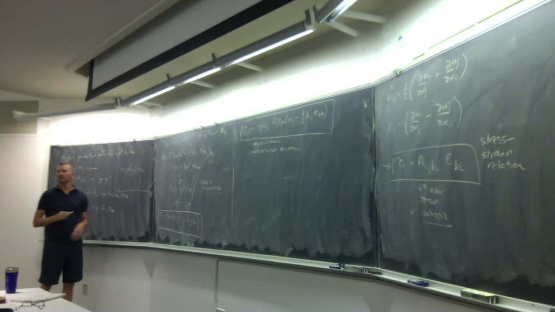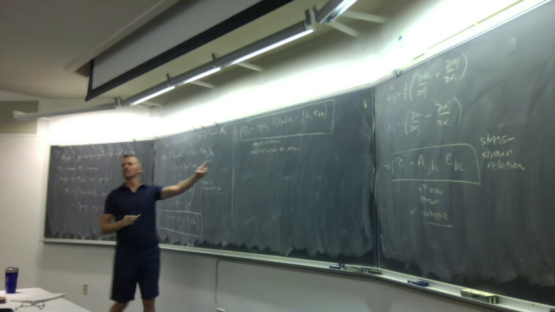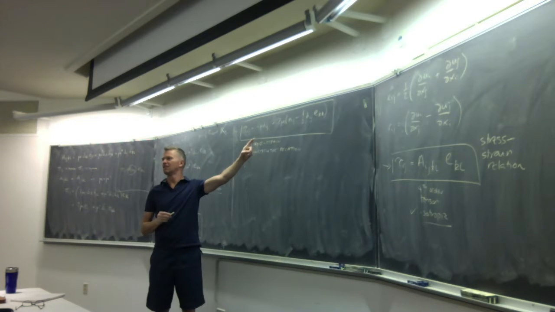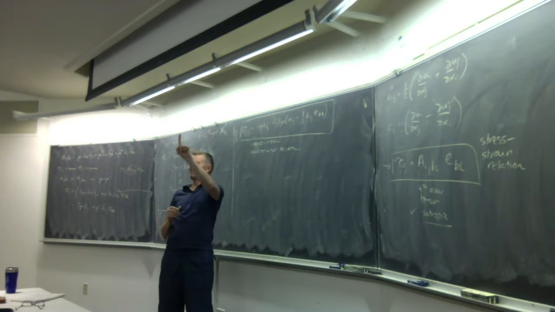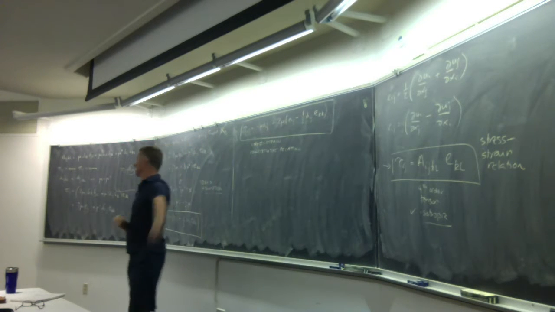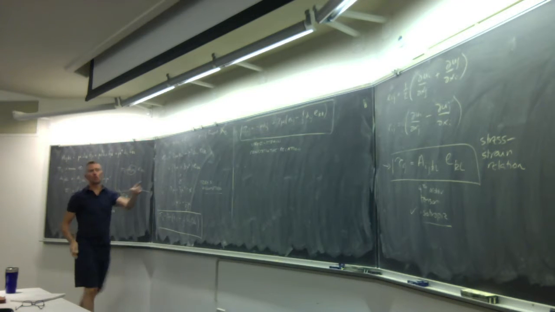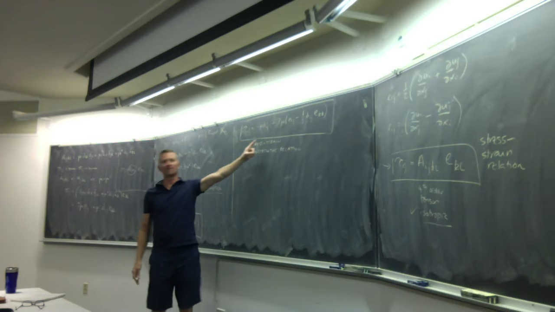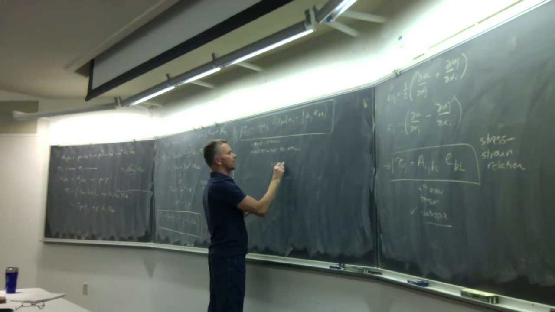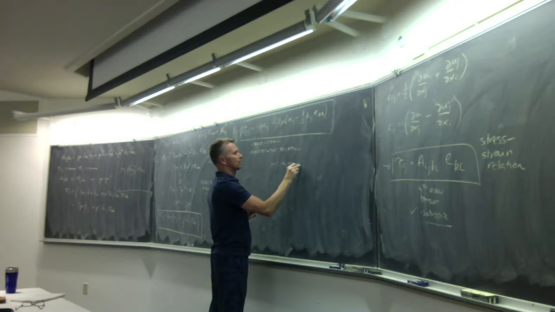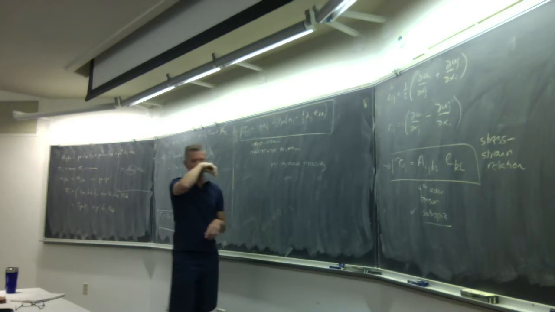How many were there? 81. Yeah, how many are there now? I reduced 81 coefficients to 1 coefficient, right? And this is the one we call mu, the dynamic viscosity that we talked about before, right?